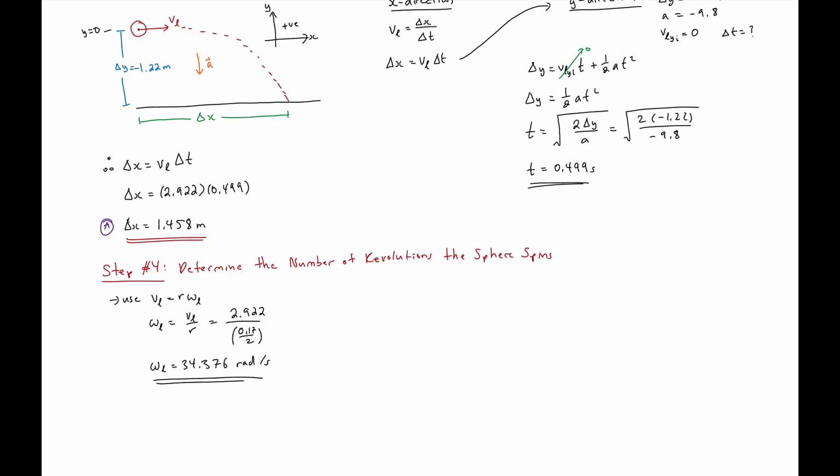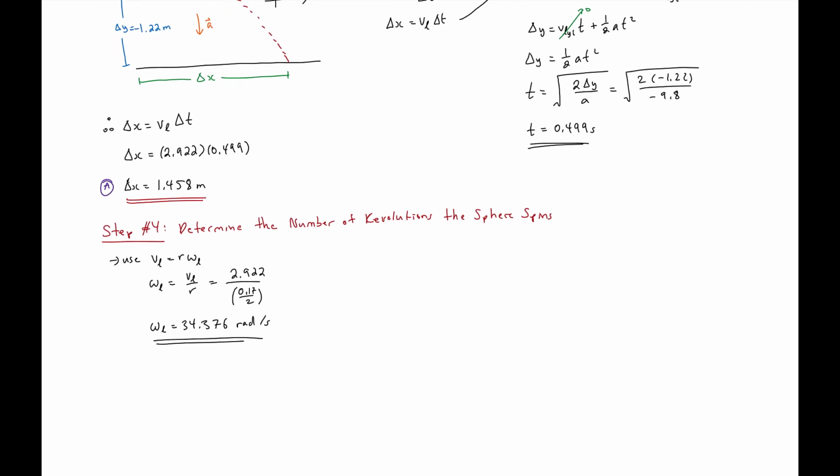So now we want to be able to find the angular displacement. Delta theta, which is simply equal to omega t, because we know that omega is the change in position over a change in time.